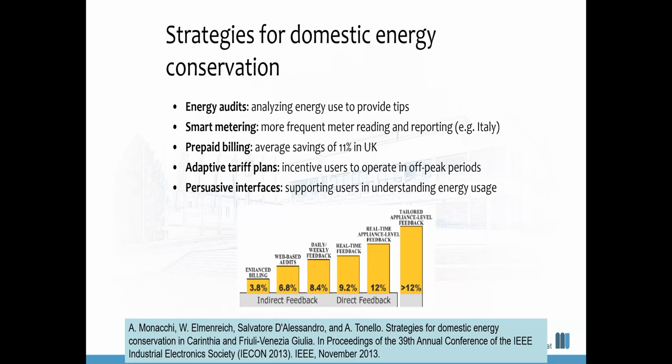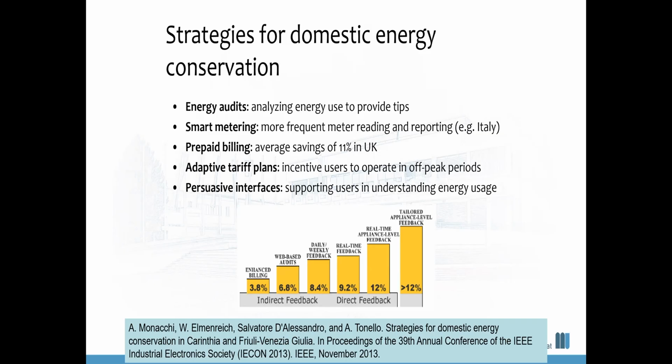Or you have a smart meter that can just register a consumption with a certain time of the day, so that you can later or in real time calculate the actual worth of the consumption, depending on the current tariff. And then another means would be persuasive interfaces, nudging, and also supporting users in understanding their energy usage.